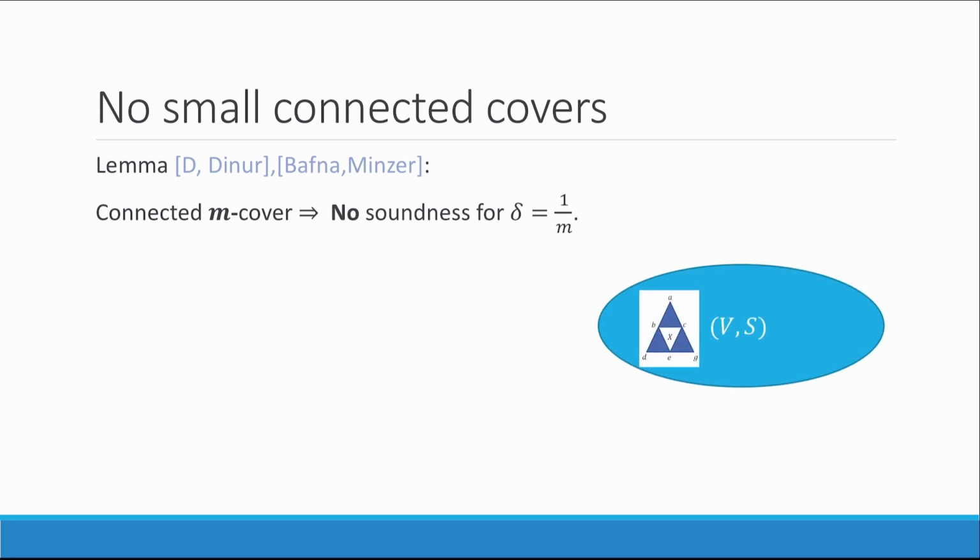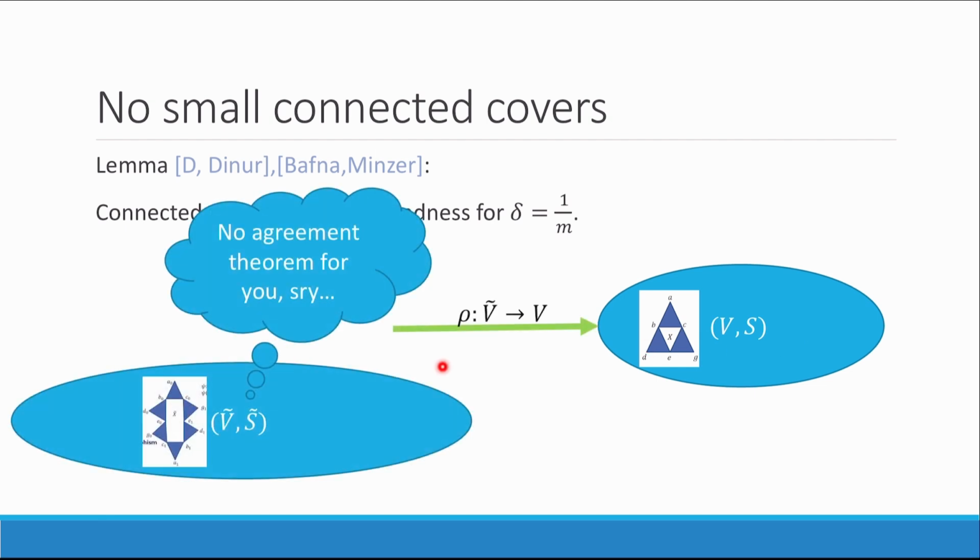So just to be clear, if you have some hypergraph and you know existentially that there exists a small connected cover for it, then you can deduce that no soundness of agreement tests is possible no matter what the distribution is, for delta which is equal to 1 over this m that is a parameter in the cover.